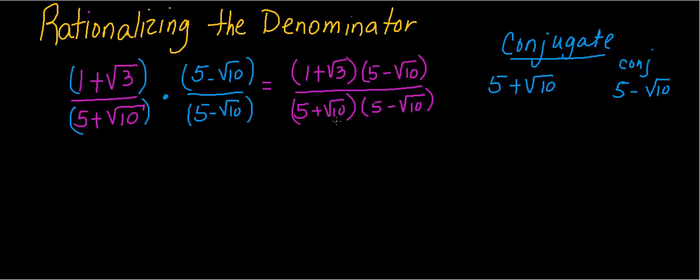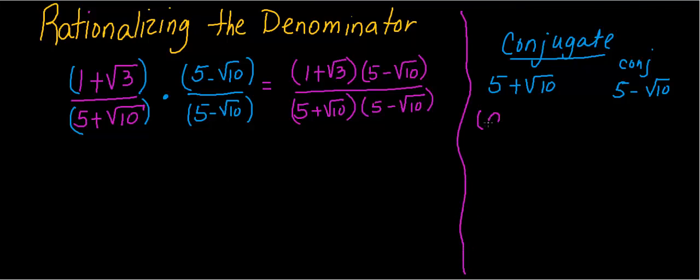Okay? Now to multiply the numerator, I need to use FOIL, and I also need to use FOIL in the denominator. But I'm not going to use FOIL in the denominator because anytime you see that you have a number and its conjugate being multiplied together, this becomes a difference of squares. And here's what I mean.